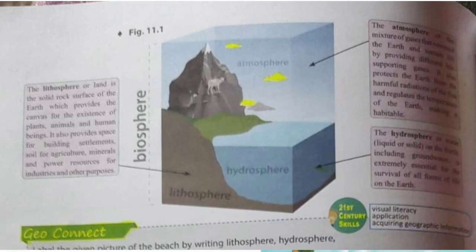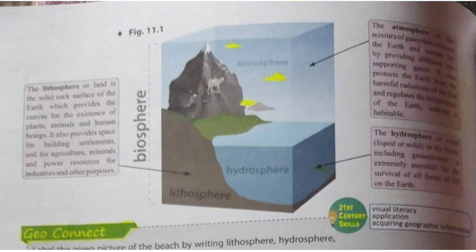Biosphere. It includes all the living components of environment like plants, animals, insects, microorganisms and human beings. It is a narrow zone of the earth where land, water and air interact with each other to support life. Ecosystem. All plants, animals and human beings are interdependent.